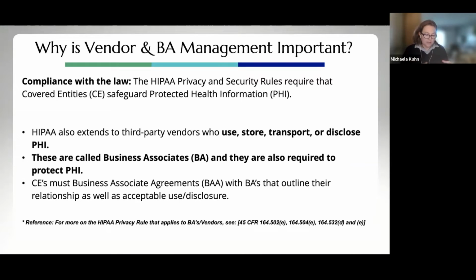So the privacy rule also extends to those third-party vendors who use, store, transport, or disclose that PHI. These are what are called business associates. And by law, they are also required to protect PHI under the HIPAA rules.